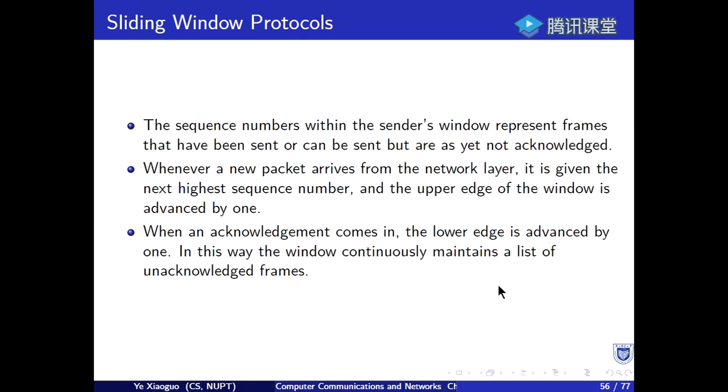The sequence numbers within the sender's window represent frames that have been sent or can be sent but are as yet not acknowledged. Whenever a new packet arrives from the network layer, it is given the next highest sequence number, and the upper edge of the window is advanced by 1. When an acknowledgement comes in, the lower edge is advanced by 1.